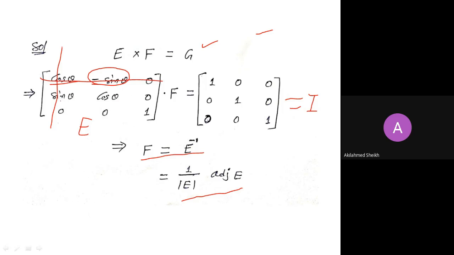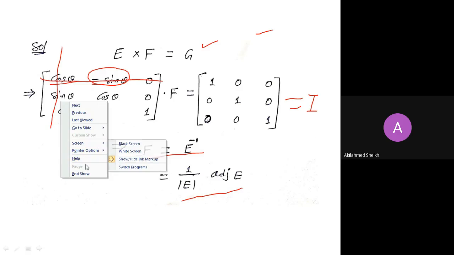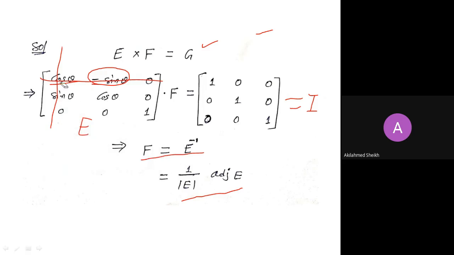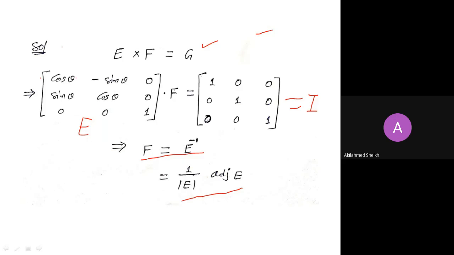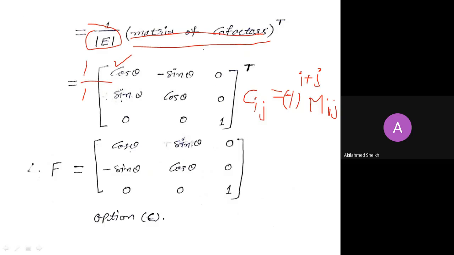Ignoring the first row, second column, taking the determinant of the remaining elements, sin theta into 1, we get sin theta minus 0. This is the minor. We get sin theta.